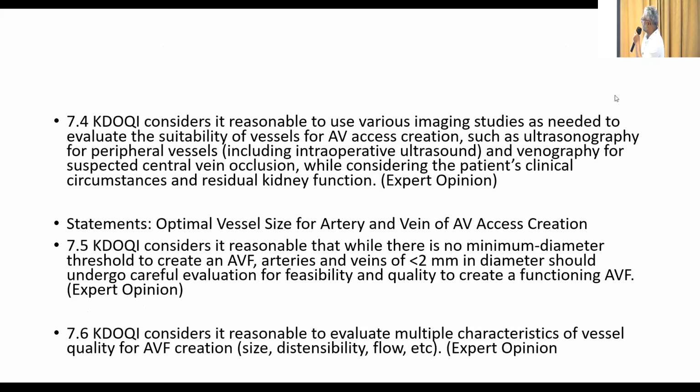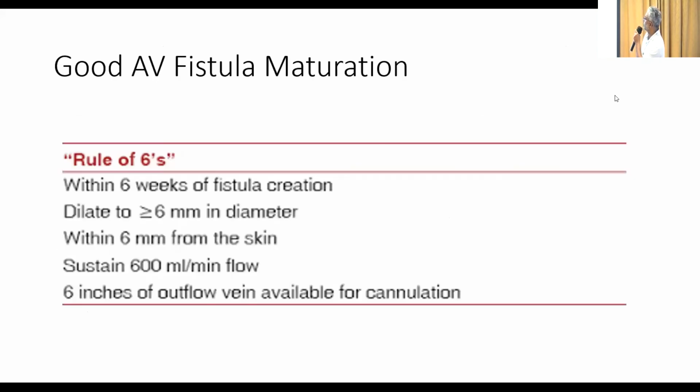So I won't go through this. So what is a good fistula? During maturation, the rule of 6. I know everyone knows this. When a fistula can be used within 6 weeks of creation, that's a good fistula. It's more than 6 millimeters in diameter. That's a good fistula. It is not deep.